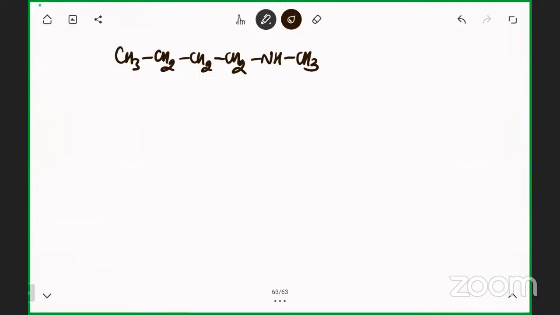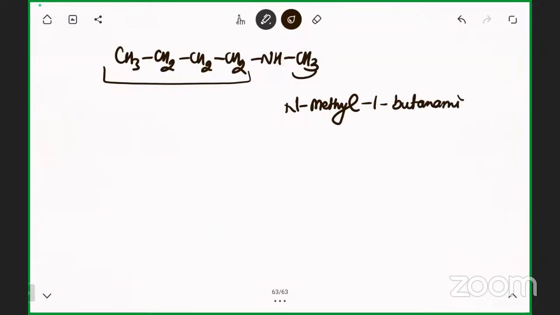This is methyl, N-methyl. First you'll write the name of substituent. Then on the first position we have this compound, so you have to mention the 1. Butanamine, 4 carbon, and at the end you'll write amine. So it will be butanamine.